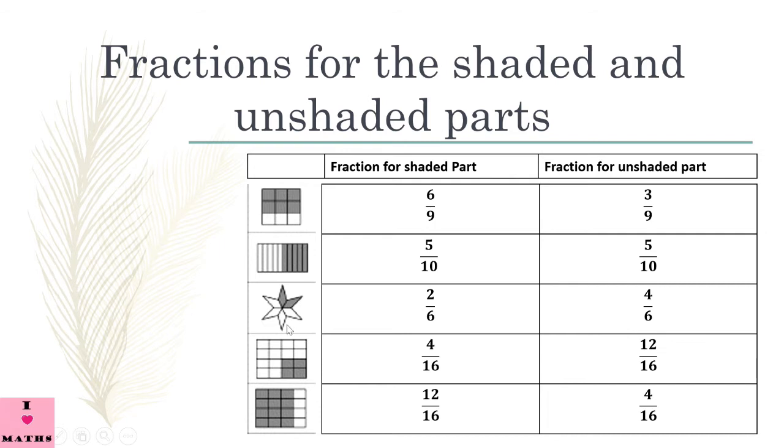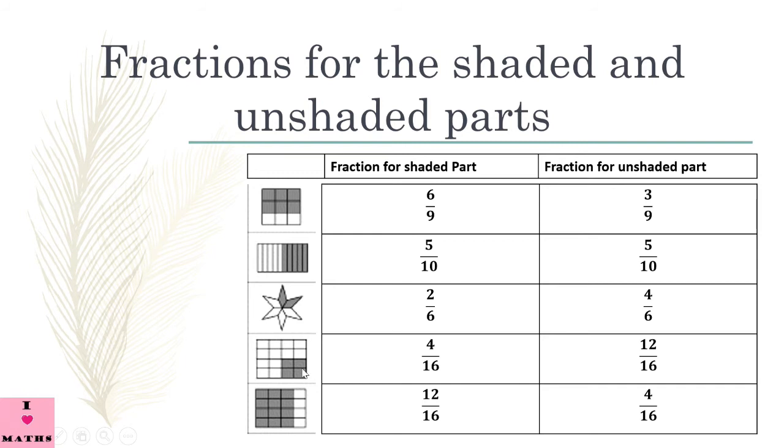Okay, look at this star. It has 6 petals of exactly the same size. And out of 6 petals, 2 have been shaded. So the fraction for the shaded part is 2 upon 6. And 4 are unshaded, so the fraction for the unshaded part is 4 upon 6. Look at this figure.